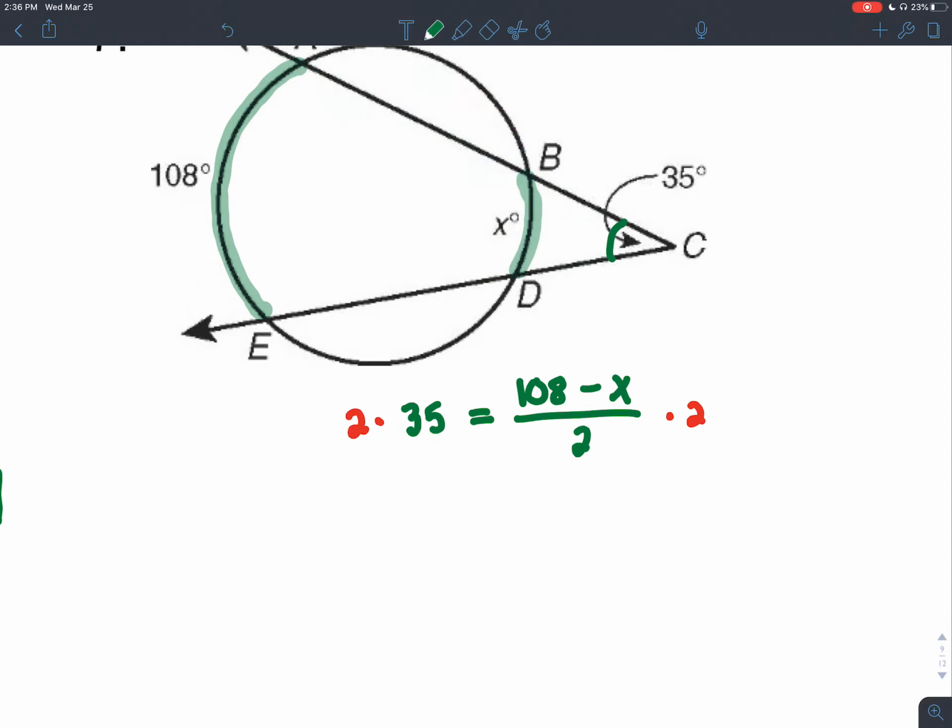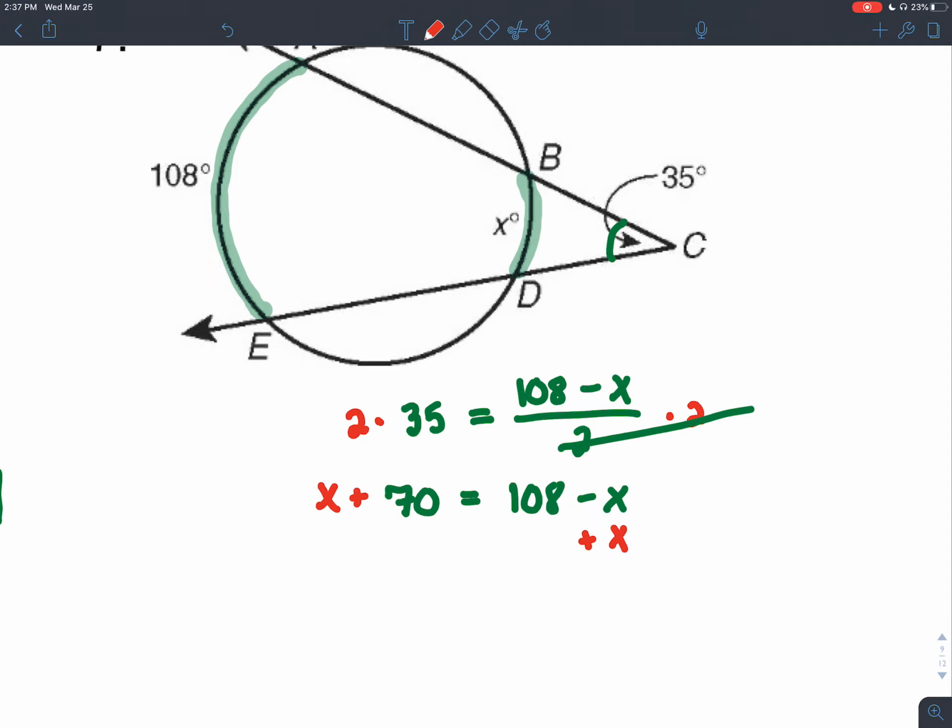and we will get 70 is equal to, these cancel, 108 minus x. What I'm actually going to do here, because I don't want my x to be negative, is add x to both sides, which is just going to move it, it's not actually combining with the 70.